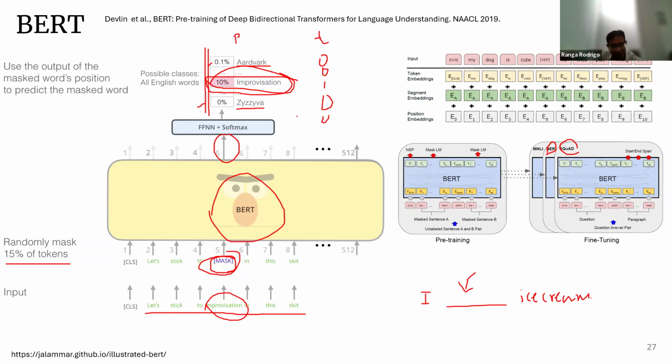I'll just say a minus sign. No, actually, it's not the minus sign; there's some other error function between these two. If this is not giving the highest probability, that's a problem. If this is giving the highest probability, it's okay, it's matching. So we check whether the ground truth and the probabilities match. If the network makes a mistake, by adjusting the parameters we will force it to give this correct set of probabilities. That's how the probabilities are learned.